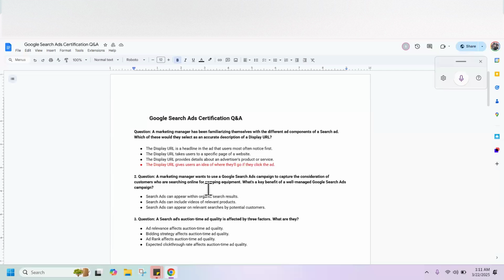Okay, next question, please. I will repeat it. A marketing manager wants to use a Google search ads campaign to capture the consideration of customers who are searching online for camping equipment.